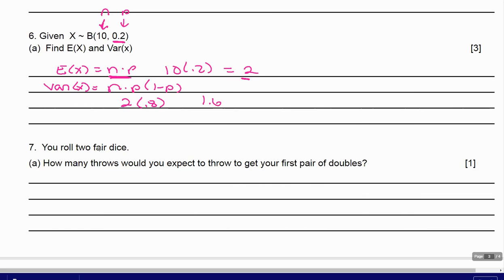Okay? Now, in number 7, it says I roll 2 fair dice. How many throws would you expect to throw in order to get your first pair doubles? Now, is this about binomial or is this geometric? All right, because they refer to the first success, right? Now, what's the probability of getting doubles if I roll 2 dice?